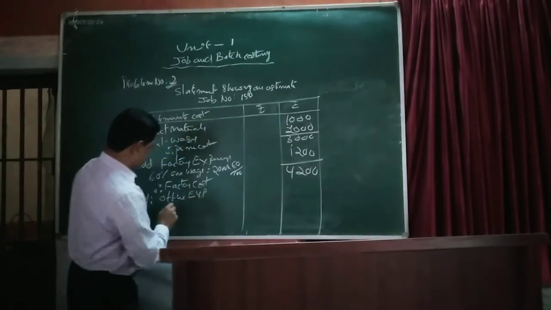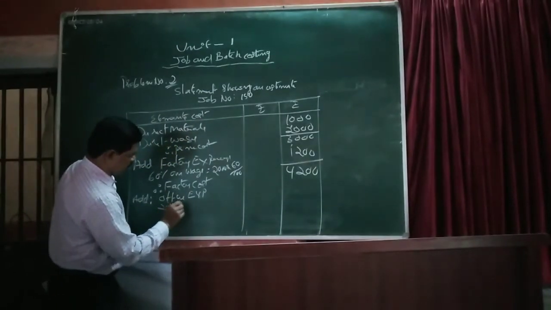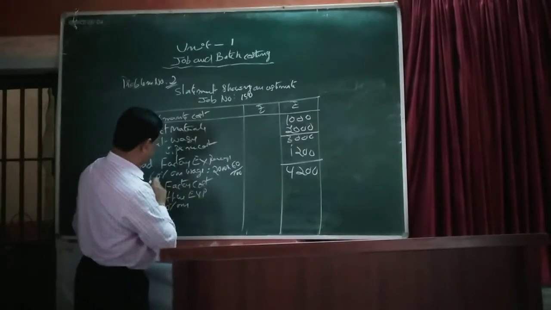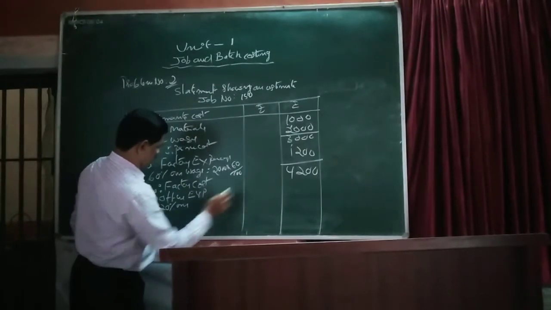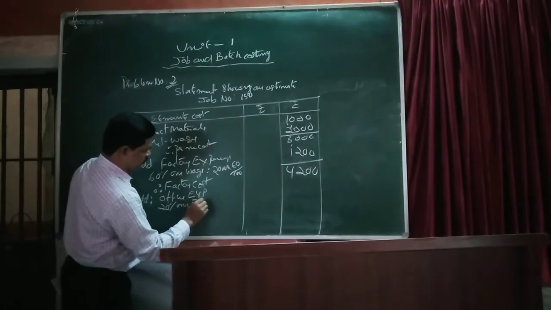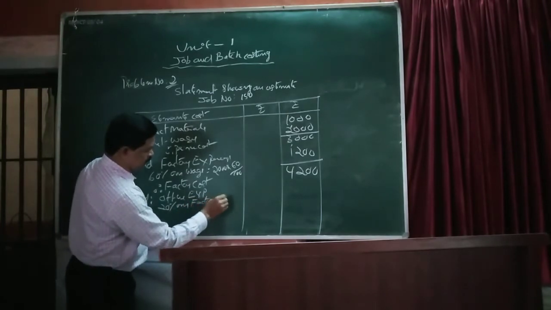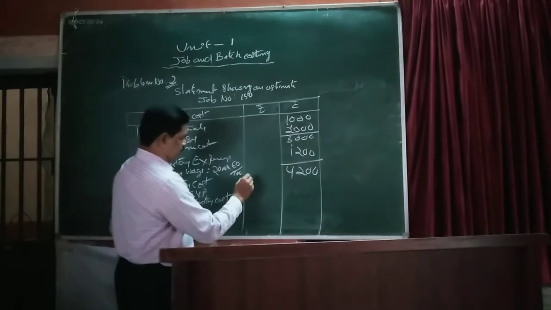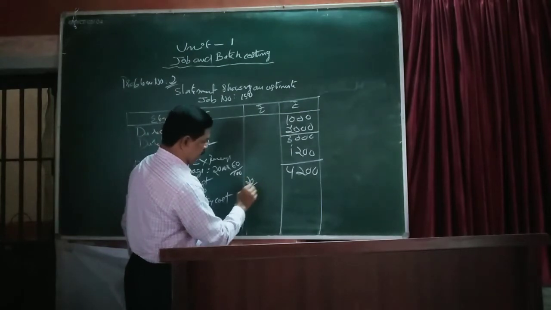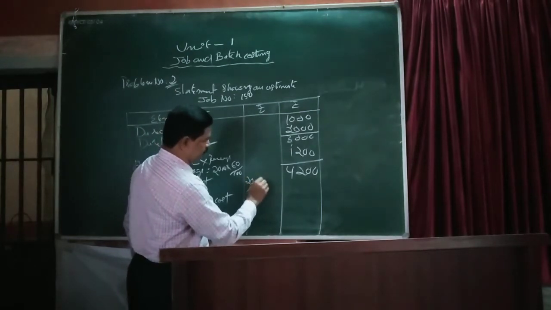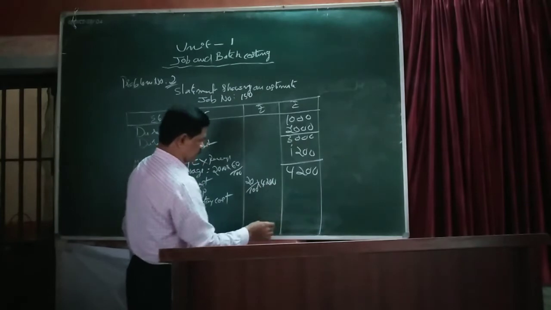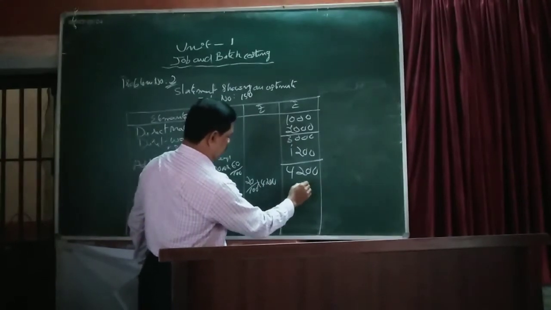It is 20% on factory cost. This is the factory cost, 4,200. So 20 by 100 into 4,200. So answer is 840.